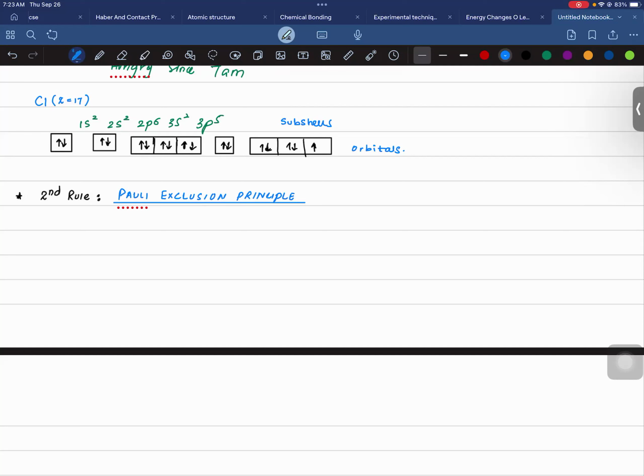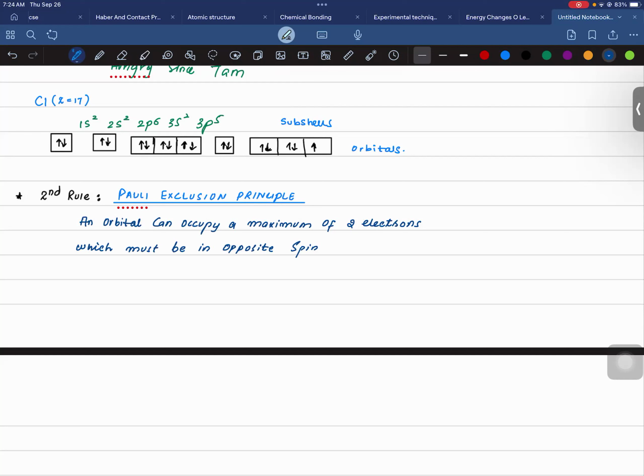This Pauli exclusion principle says that an orbital can occupy a maximum of 2 electrons, which must be in opposite spin, or you can say direction.